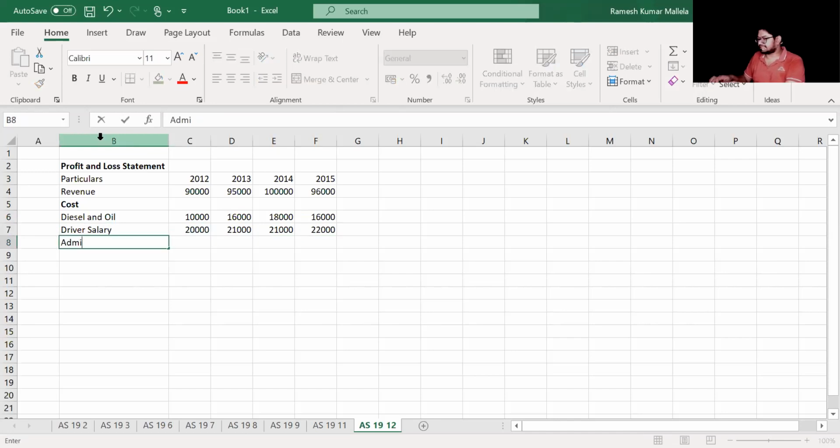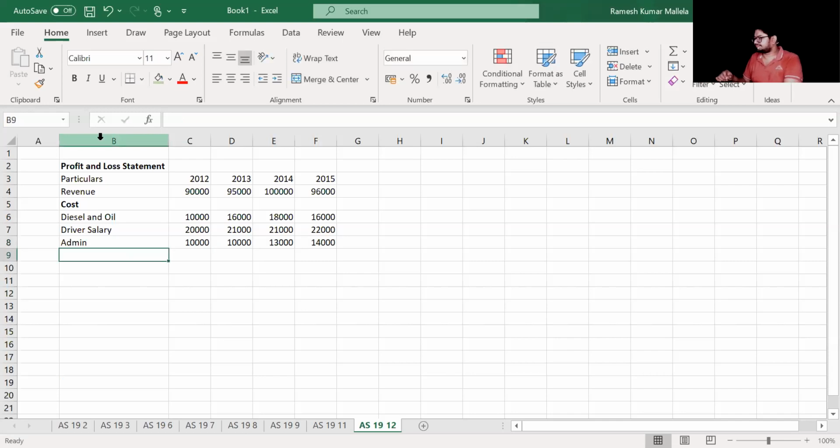Then you have admin expenses, which is 10, 10, 13, 14. Okay. Lastly, now you are supposed to take your lease rentals.